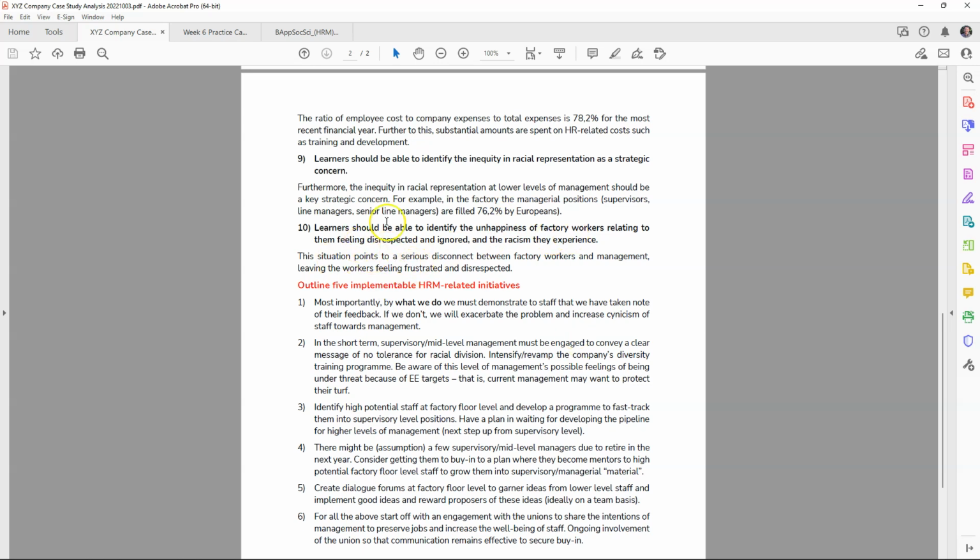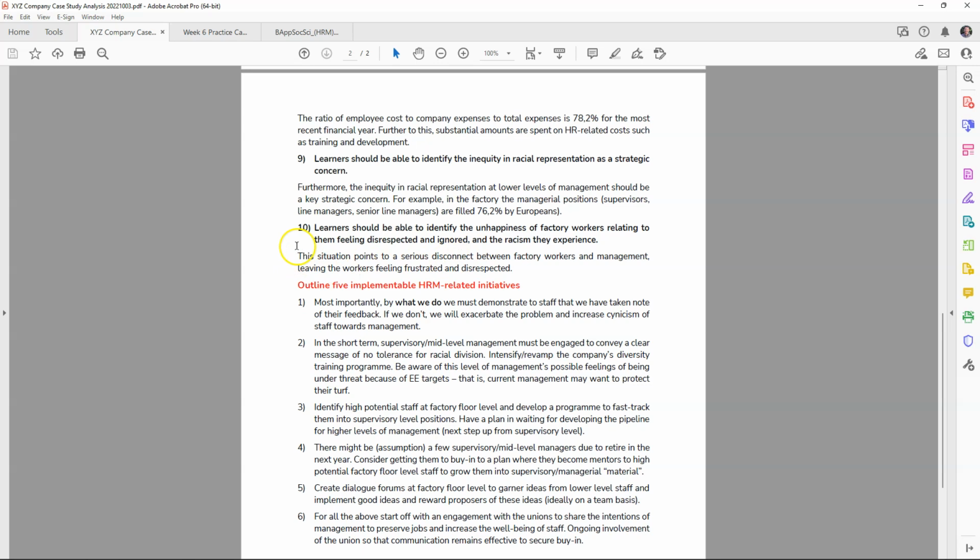Okay, so I think I've gone off the point, but anyway, learners should be able to identify the unhappiness, feeling disrespected and ignored, and I went to the case study to look at that.